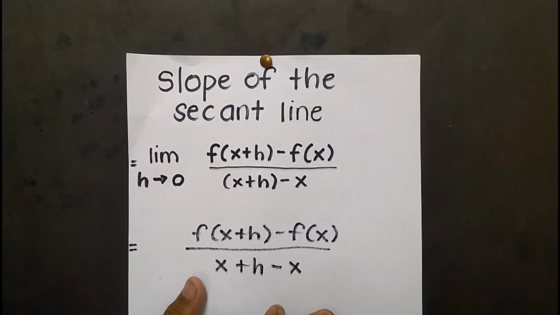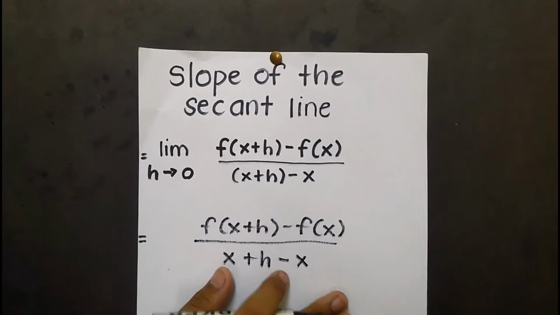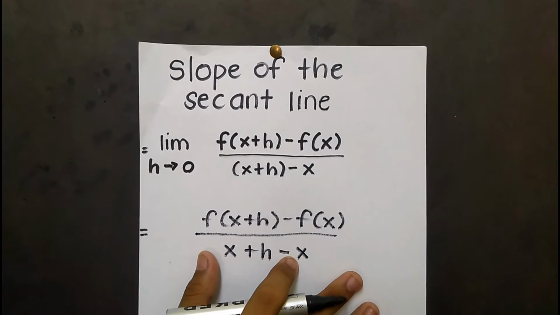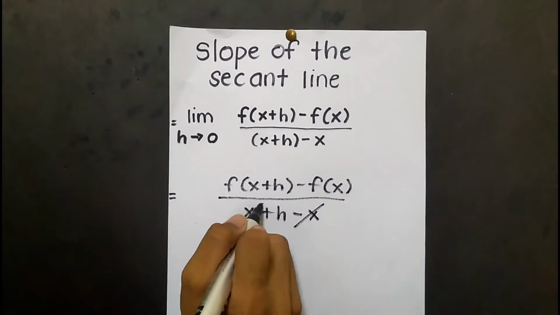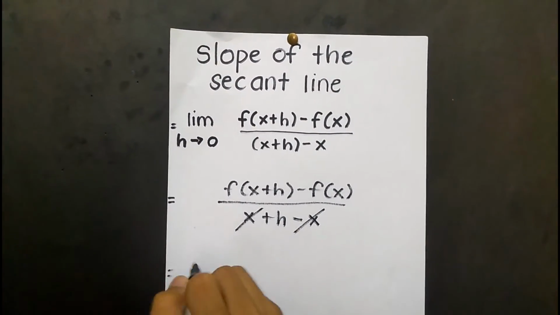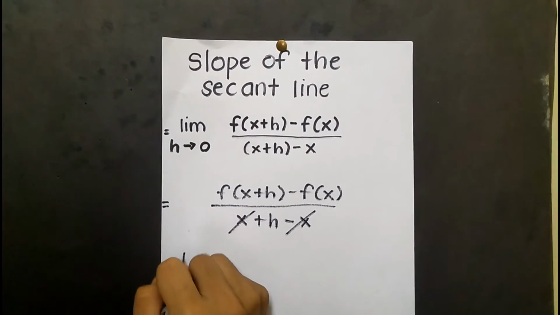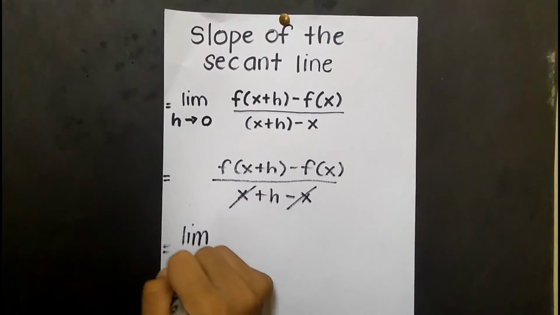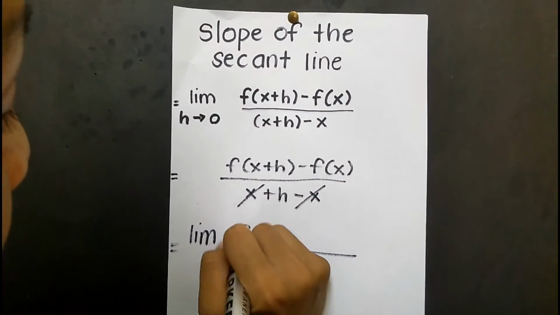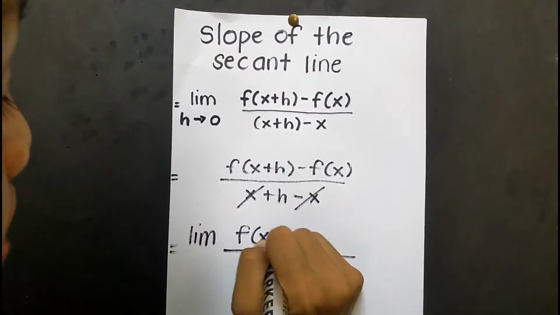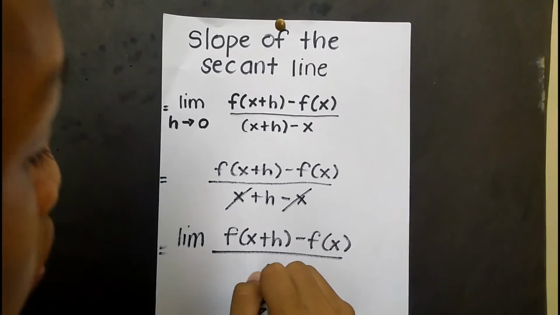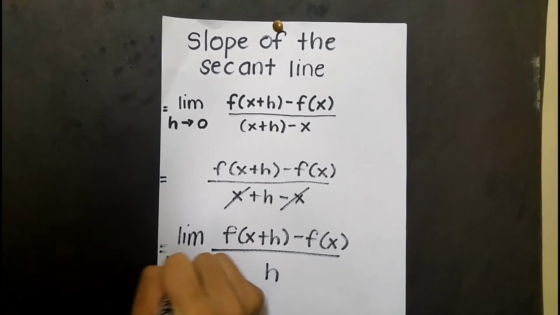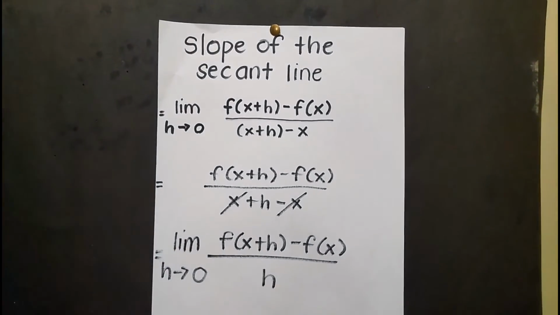So in this formula, as we all know, the opposite signs we will just cancel out. So it is just simple. We derive the formula of the limit of f of x plus h minus f of x all over h as h approaches 0.